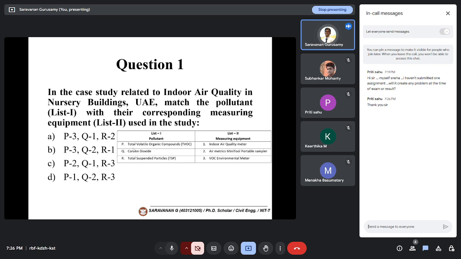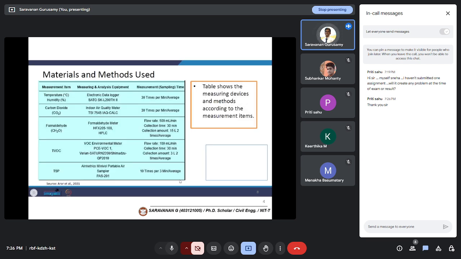So what equipment did they use? TVOC was measured with the VOC environment meter. Carbon dioxide was measured with the indoor air quality meter. Suspended particles were measured with the portable samplers. Correct? Yes. So P3, Q1, R2 are correct. You can see here these are all the parameters. Formaldehyde they measured with the formaldehyde meter. Got it? I'll move on to the second question.